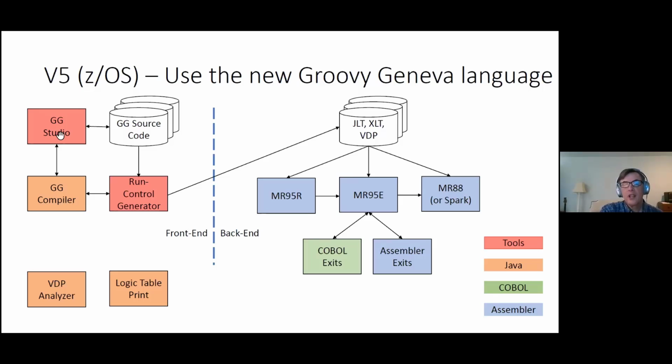We could see a case where your rules maintenance facility could continue to generate the VDP XML that it does today. And we could build a very simple translator program that could take VDP XML and turn it into our new Groovy Geneva format. So okay, so HSBC RMF rules could be exported and converted into Groovy.